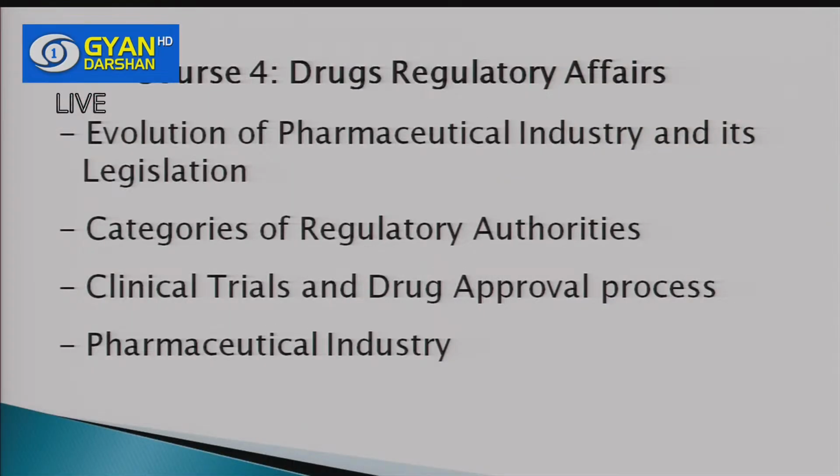Like you must have heard of a term called clinical trials. So these drugs are first subjected to experiments in laboratories with human volunteers. So what are the different phases which a drug has to go through before it comes into the market? This is all explained in this fourth course, which is on drug regulatory affairs.